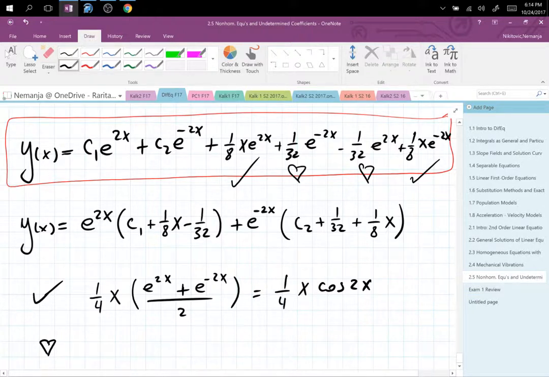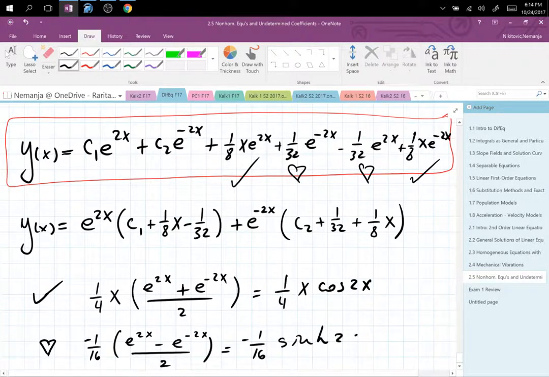And then the other terms. We can factor out negative 1 over 16, and we are left with e to the 2x minus e to the negative 2x over 2, which gives us negative 1 over 16 sine hyperbolic 2x. Where is my h over here? Much better.